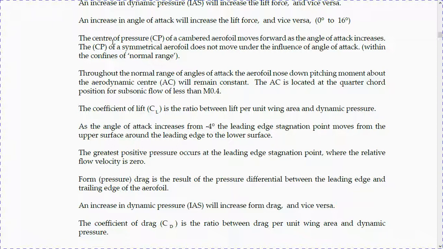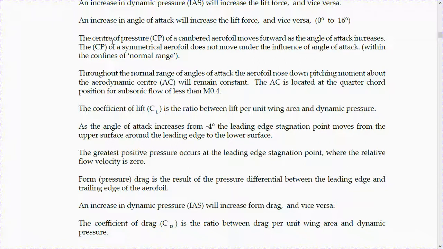Throughout the normal range of angles of attack, the airfoil nose down pitching moment about the aerodynamic center will remain constant. As we said before, the arm can be lower, but the lift acting up is higher.